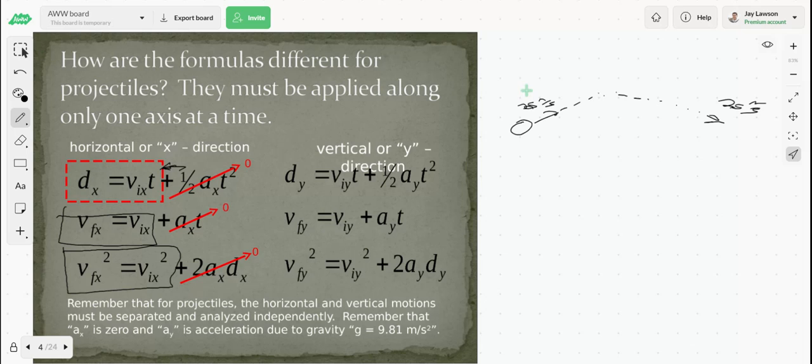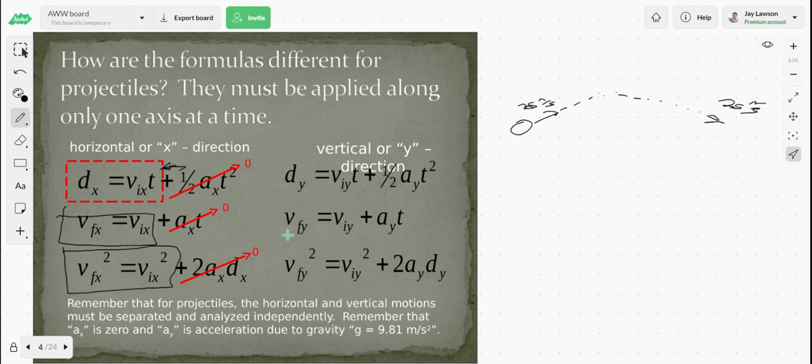So to avoid substituting the wrong quantity into these equations, we put these little subscripts. If we're looking at the vertical or the y direction, we're going to put a y. So the distance in the y direction is equal to the initial velocity in the y direction times time. Again, time is the same, so that's why we don't abbreviate time in either x or y. And the same thing for acceleration. So I encourage you to do the same. Get in this habit, and it'll avoid a lot of confusion.